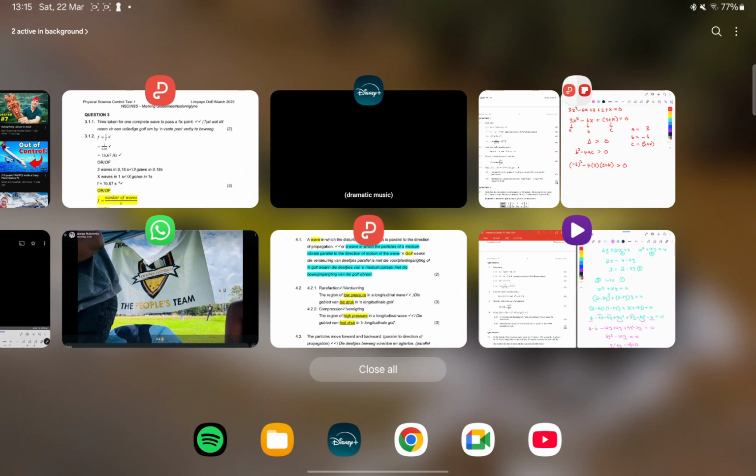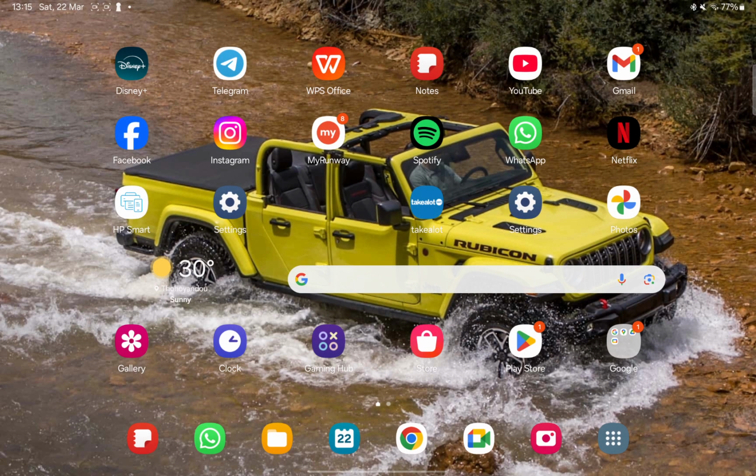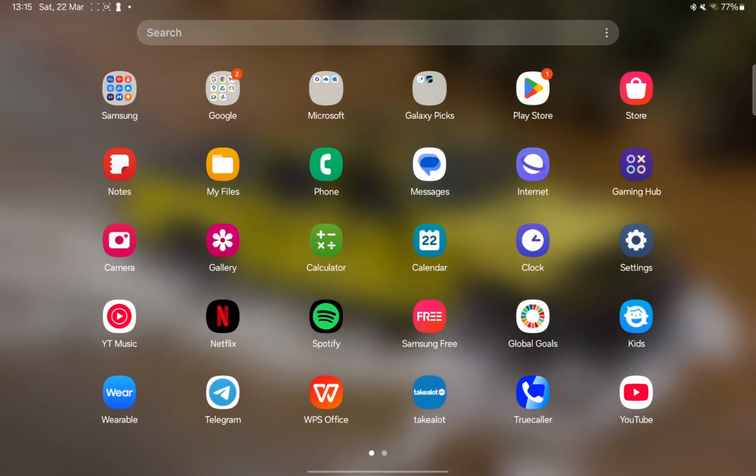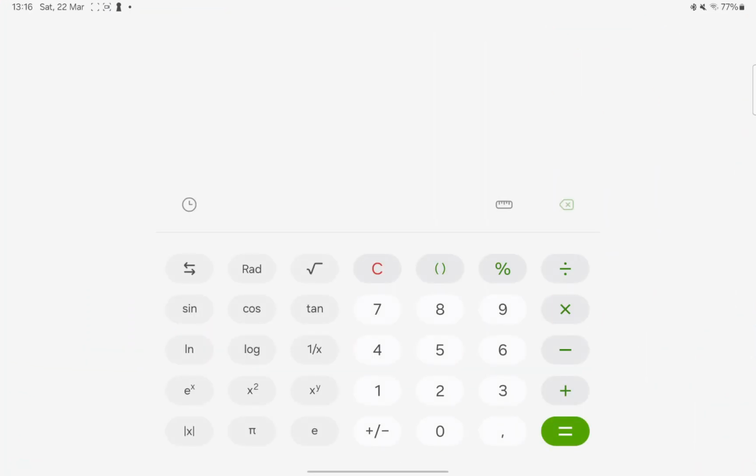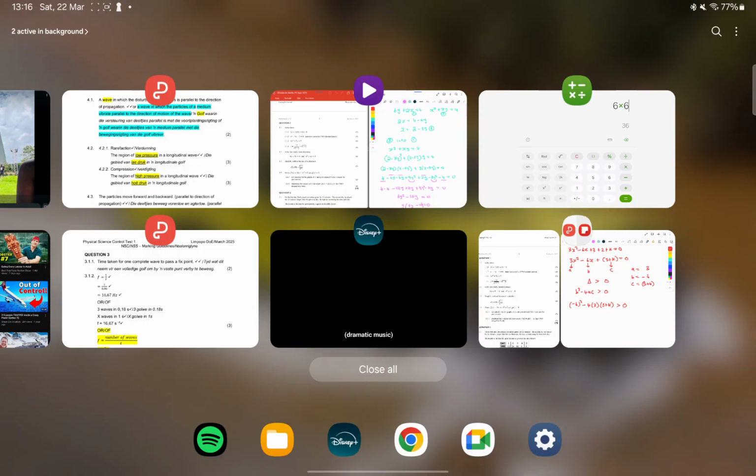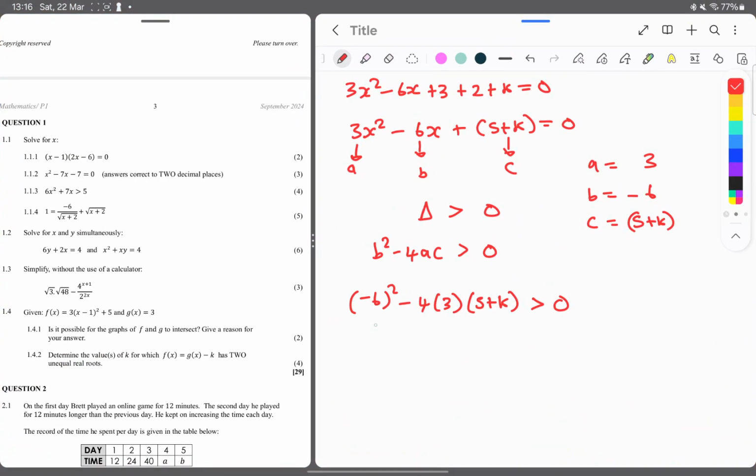I really wish I had a calculator right about now. So unprepared. Okay, 6 times 6 is 36. So it's 36 minus 4 times 3, that I know is 12, minus 12(5 plus k) greater than 0.